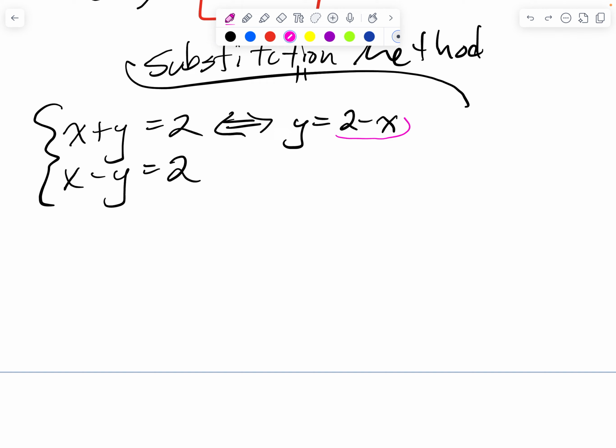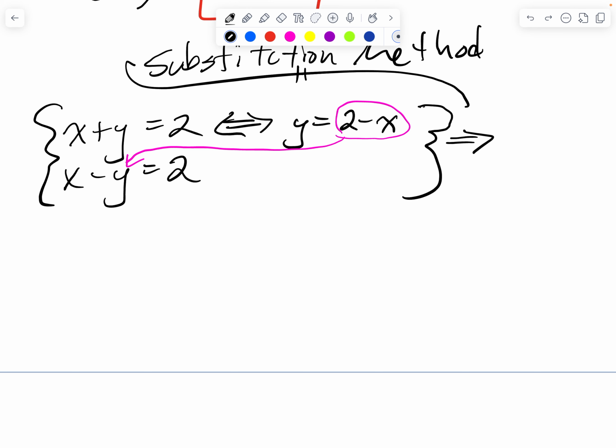Let's just take this guy here and replace the y. And then that gives us, how can I say this? That and that, I'm saying this equation and this equation now tell me with their powers combined.